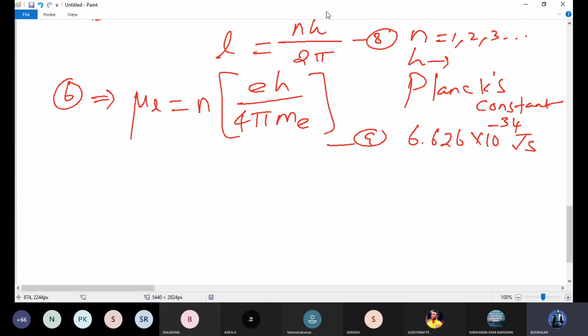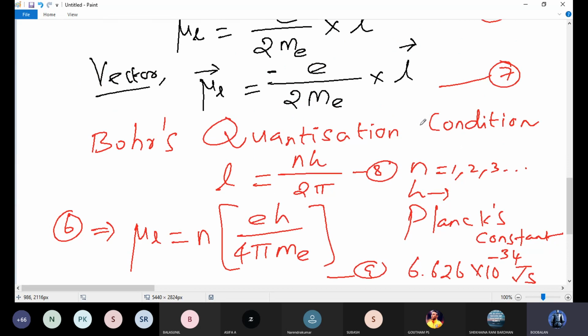Please take notes. So still now 9 formulas are completed. This 9th formula is also important. Mostly in this chapter, one question based on the magnetic dipole moment of a revolving electron is there.